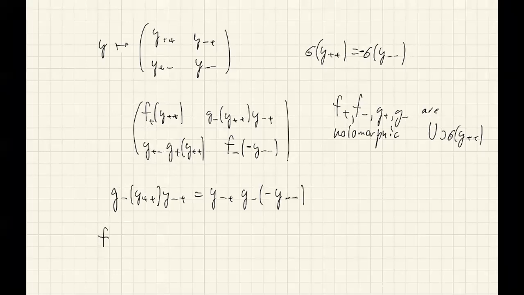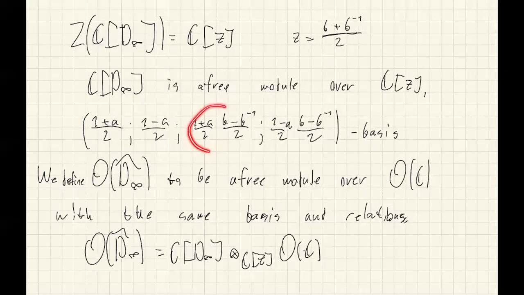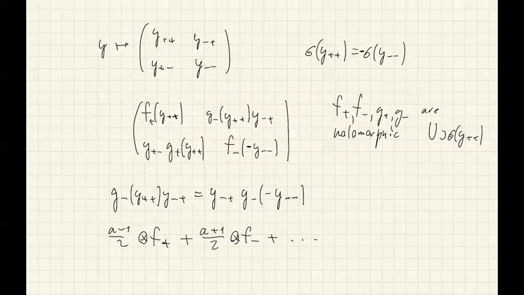So we take f plus, I think, a minus 1 tensored with f plus, plus a plus 1 tensored f minus. And here I can confuse signs, but the other two basis elements are tensored by g plus and g minus. And actually, it's the basis, so every element has such a form in the basis.